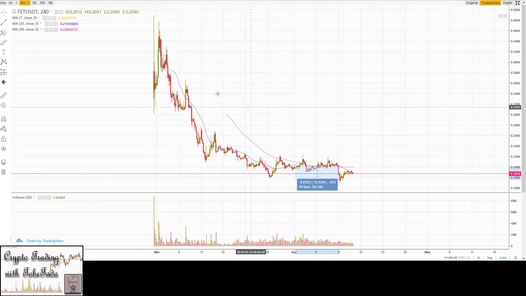Similarly, you can see this with, for example, FET, where from the start of this peak, April 1st, going back to the correction, we also saw a loss of about 13%. Since then, it has again rebounded, and you can see these peaks were not very marked.